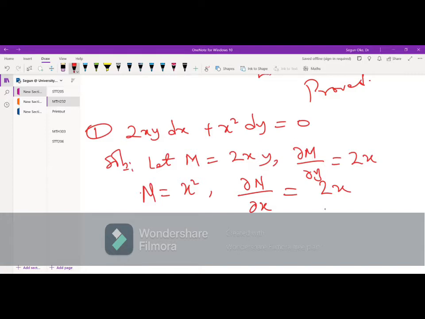It simply implies that ∂M/∂y is equal to ∂N/∂x. That makes this one exact. That's what they ask you to do.